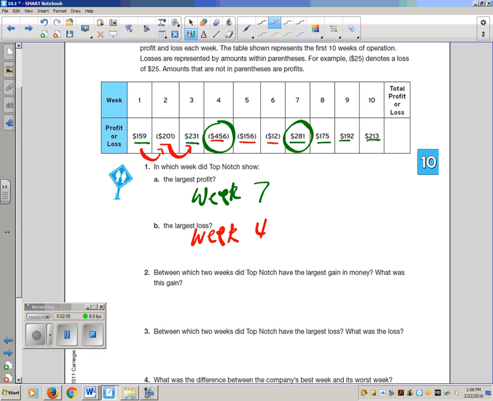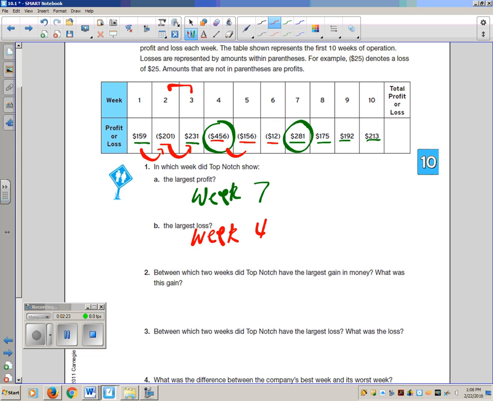So that's a possibility. These two. 231 to 456, that's only about 200, so that's not going to work. This is a loss, but they did gain. It's a gain of about $300 here, so that one doesn't work.